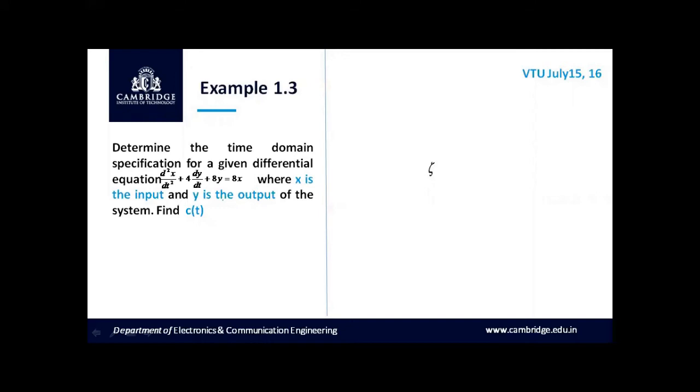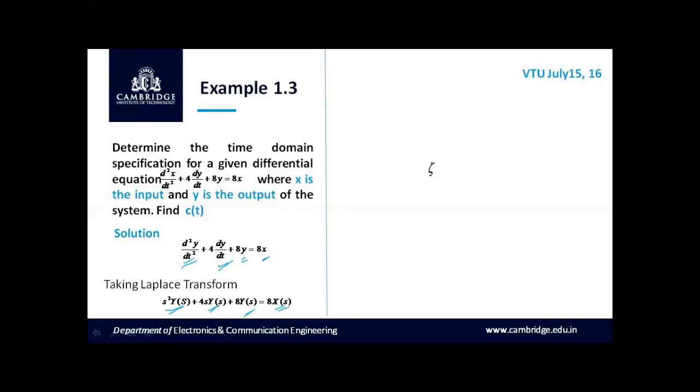So you are given a differential equation and we are supposed to calculate the response of the system. For the given differential equation, first let us take the Laplace transform. The Laplace transform of d square y by dt square is s square into Y of s, dy by dt is s into Y of s, y is Y of s, and the Laplace transform of x is X of s.